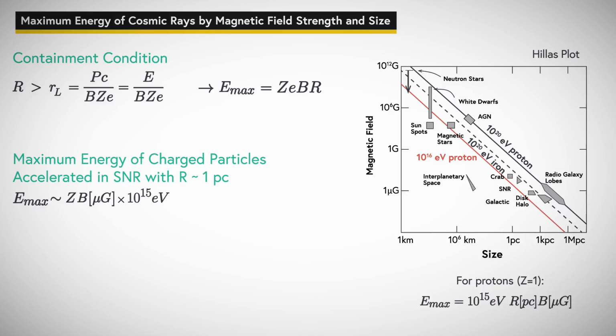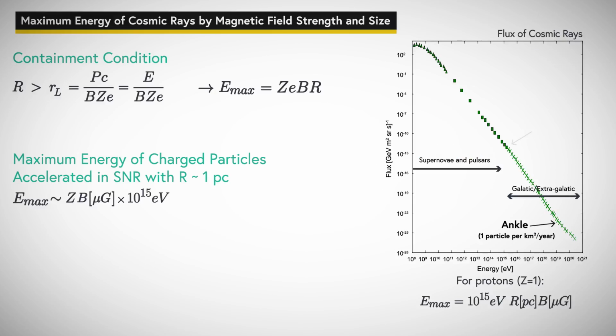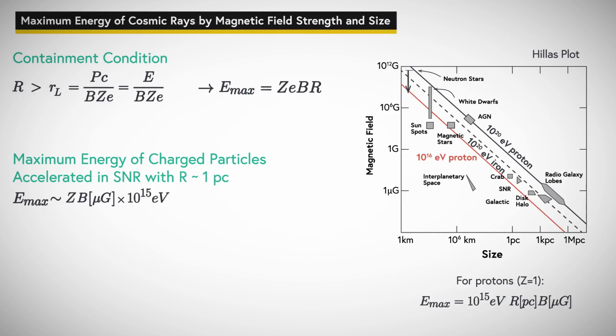It shows that in principle, cosmic rays can be contained in the acceleration site of a supernova remnant up to the region of the knee in the energy spectrum. Since the Larmor radius is inversely proportional to the charge of a particle, heavier nuclei can gain higher energy than protons in a source of the same size and magnetic field.